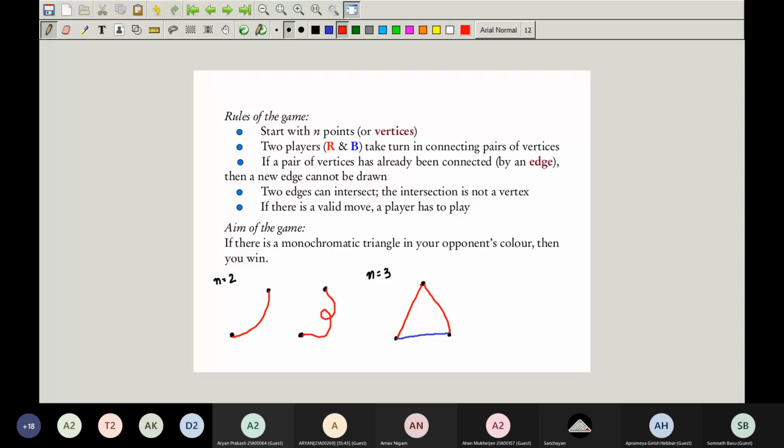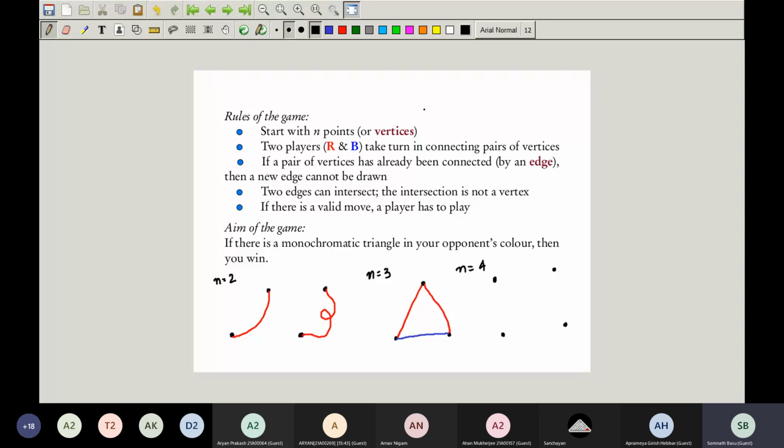Okay. So what about n equal to 4? That's slightly more interesting, because what happens in n equal to 4 is that I'll just draw an abstract thing. So let's just draw n equal to 4 here. I'm not going to color the edges, but deep in your mind, you already know what these edges are, right?